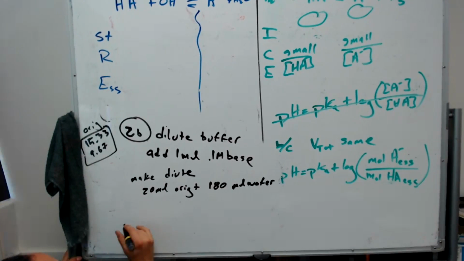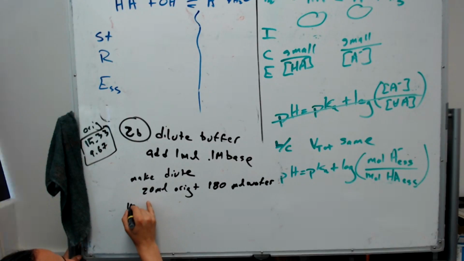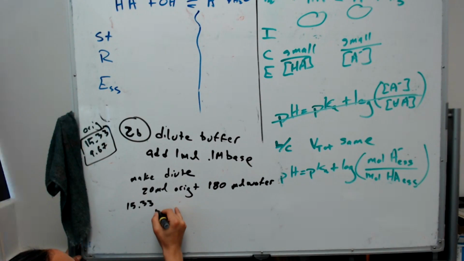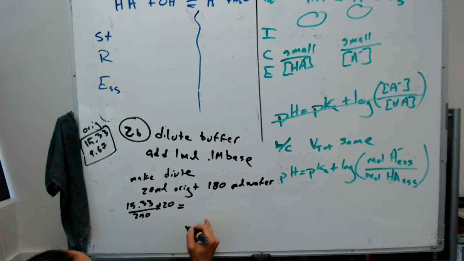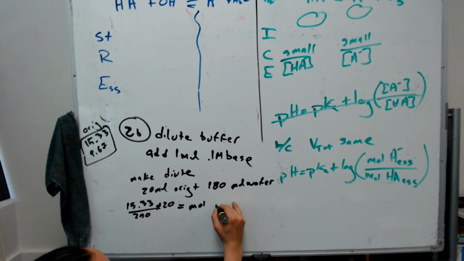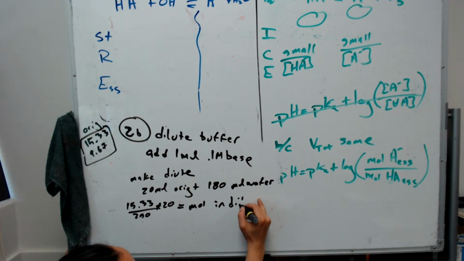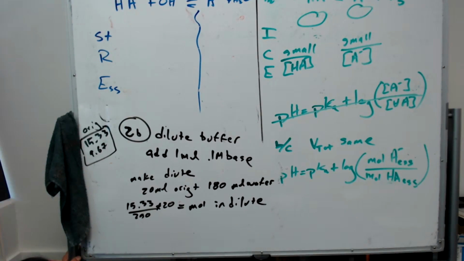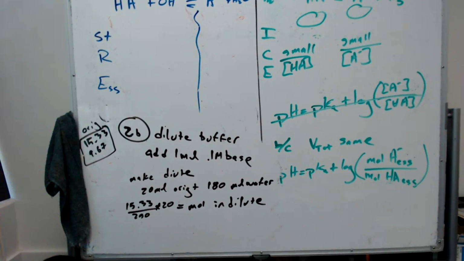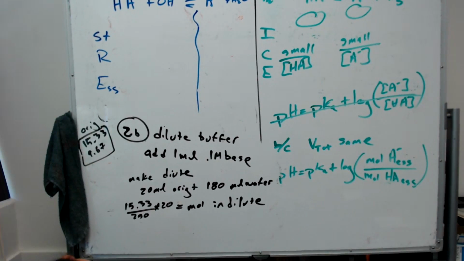So that means I'm going to have 15.33 divided by 250 times 20. That's going to give me my moles in dilute. We did it for that originally, but you didn't do the entire 200 milliliters, right?